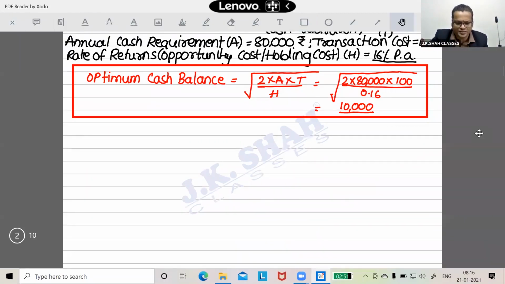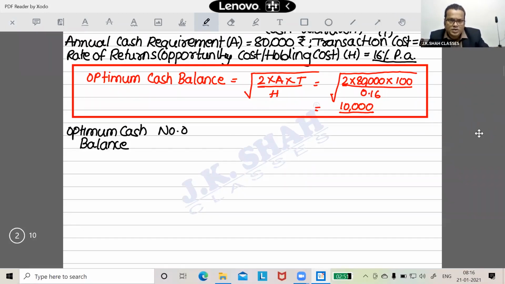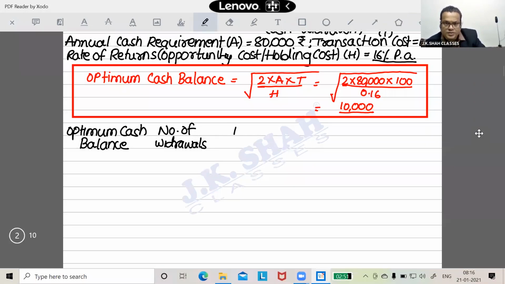Okay, let's try. Optimum cash balance, number of withdrawals, and transaction cost, opportunity cost.